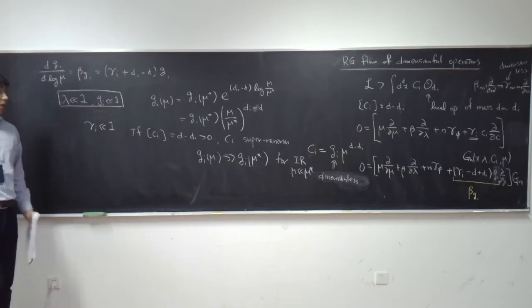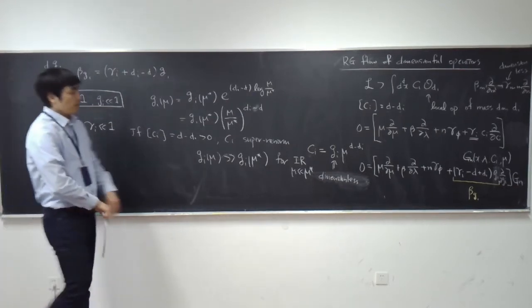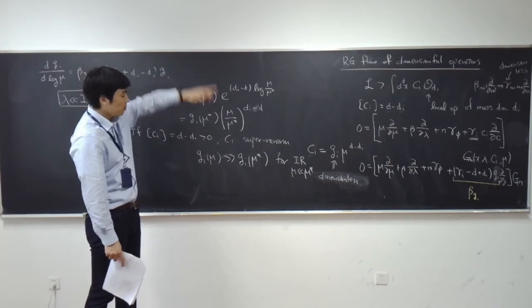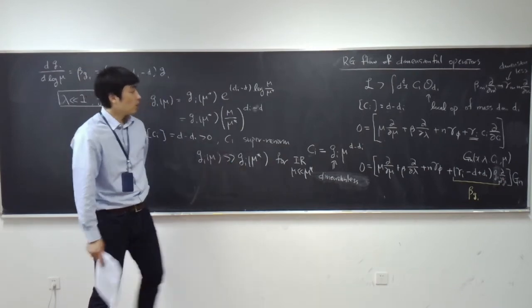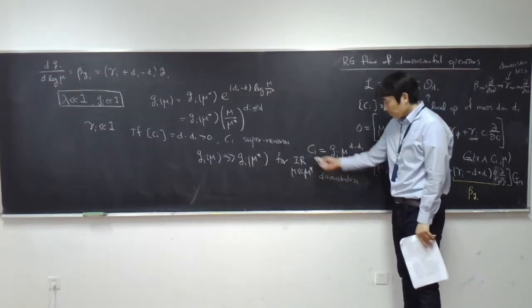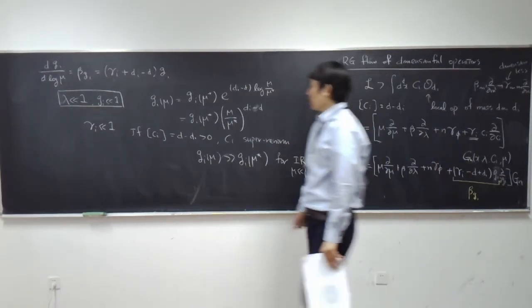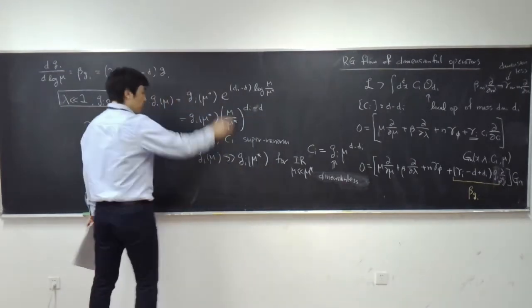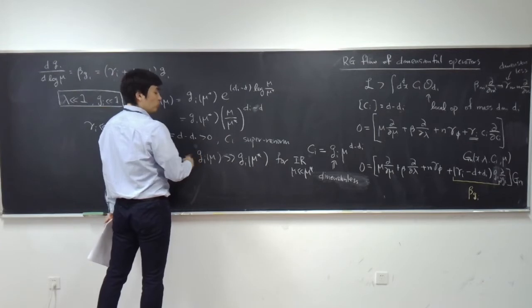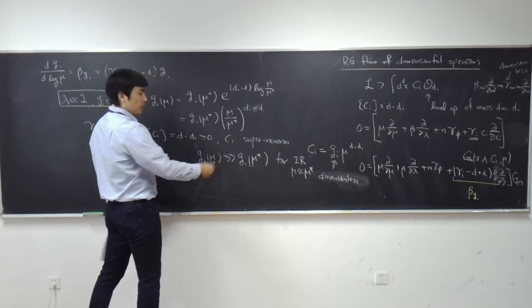So even if the UV Lagrangian has very small Gi or a small value of Ci, if you go to the IR, the Gi becomes relevant in the IR.